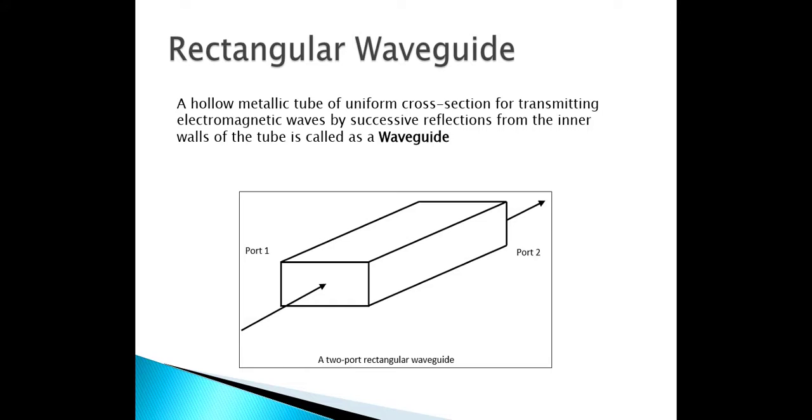So there are basically two types mostly used for the waveguide. One is a rectangular waveguide and another one is the circular waveguide.